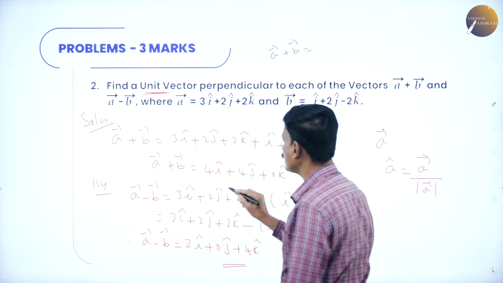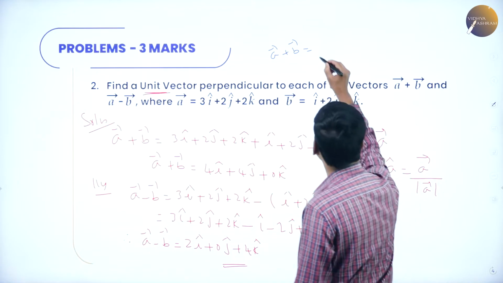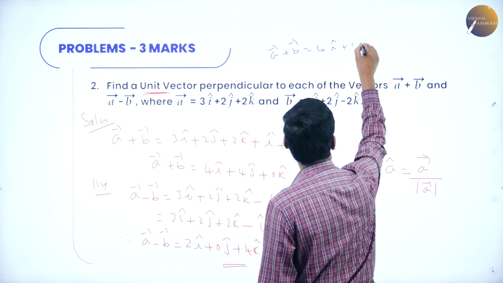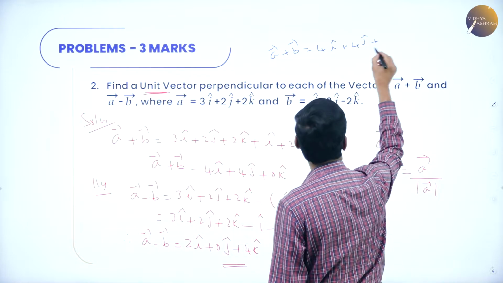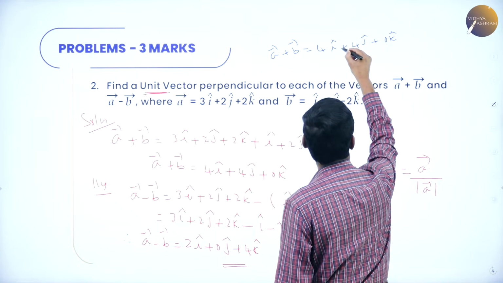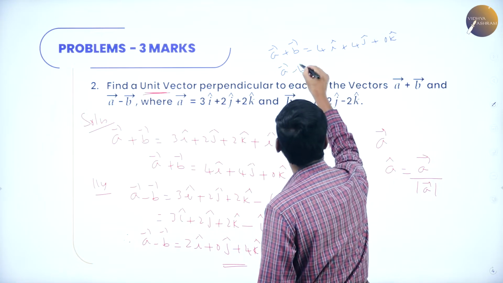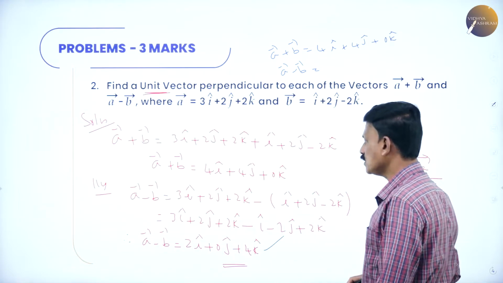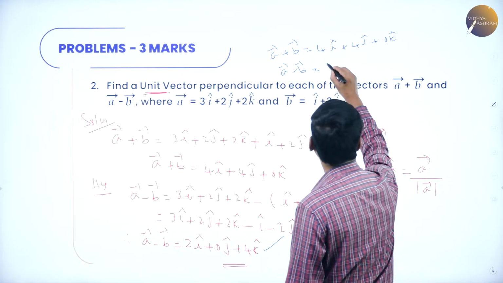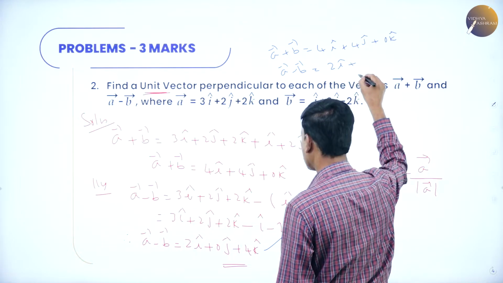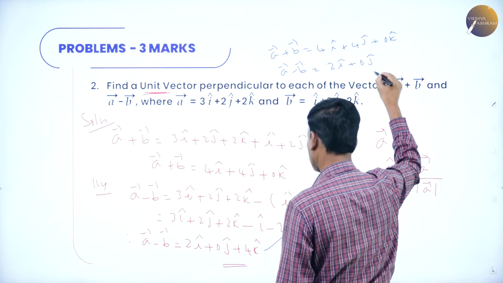Vector a plus b is equal to 4i plus 4j plus 0k, and vector a minus b, what we have obtained? This one: 2i plus 0j plus 4k.